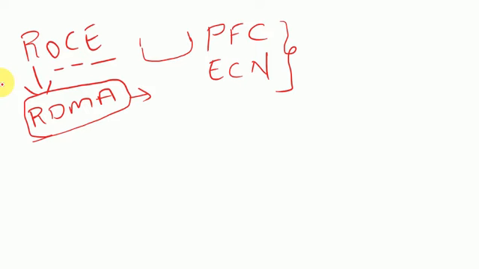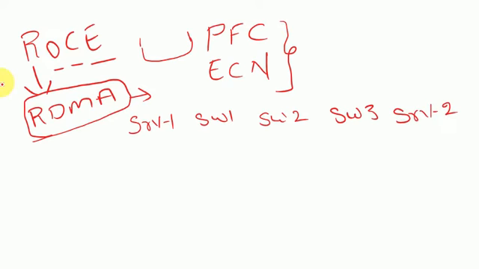Let's say we have a server 1 here, which is connecting to switch 1. Switch 1 is in turn connecting to switch 2, switch 2 connecting to switch 3, and switch 3 is connecting to server 2. So when communicating from server 1 to server 2, we have in between switch 1, switch 2 and switch 3.